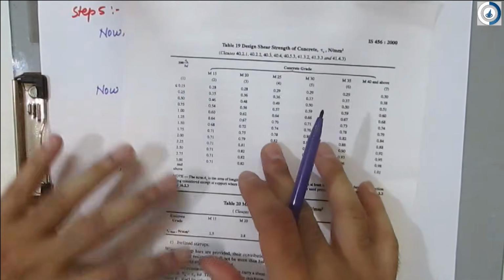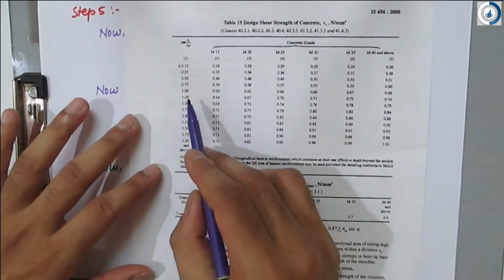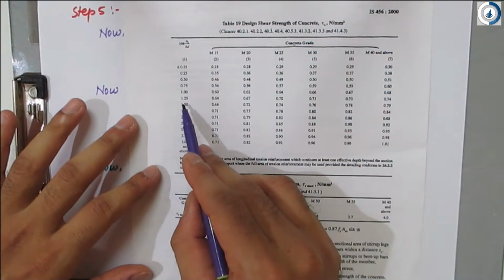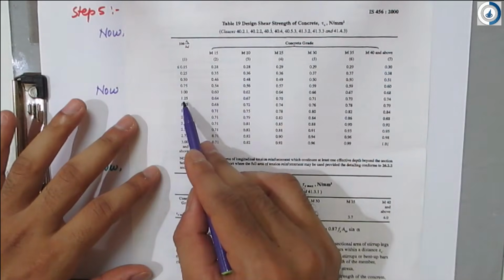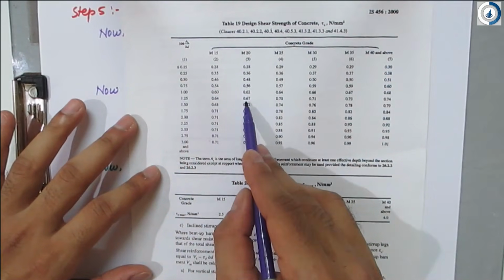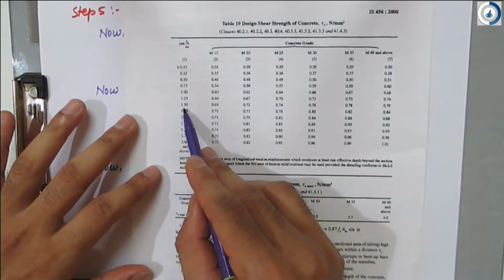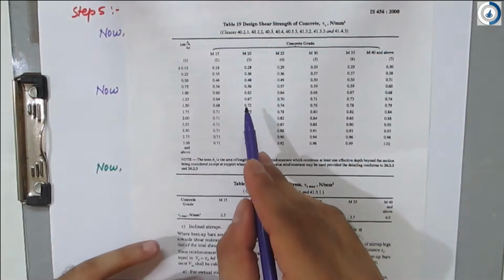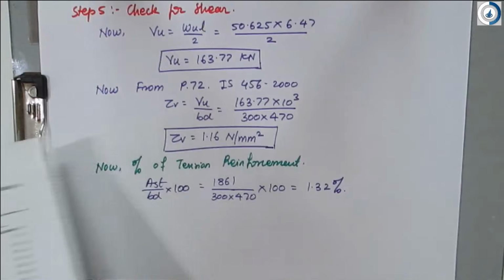Now the percentage of tension reinforcement is 1.32. So this 1.32 lies between 1.25 and 1.5. And for M20 grade, at 1.25 the tau C value is 0.67, and for 1.5% it is 0.72. With the help of the interpolation method you have to calculate.